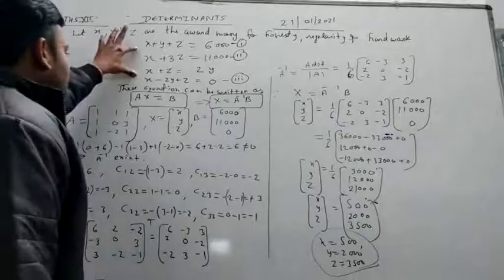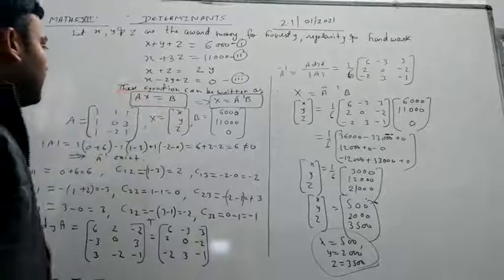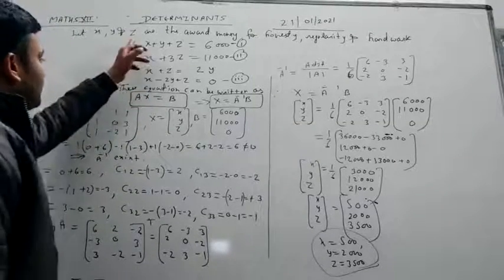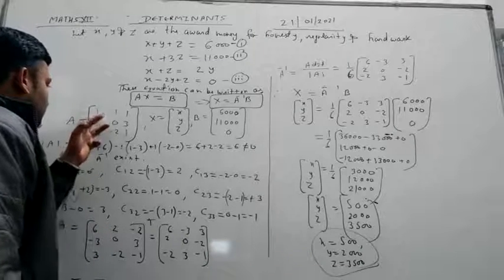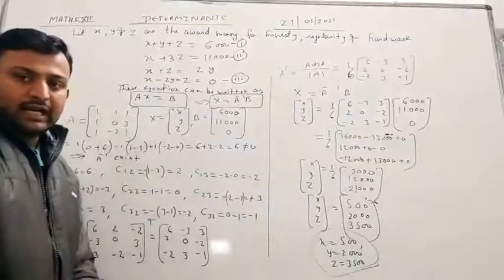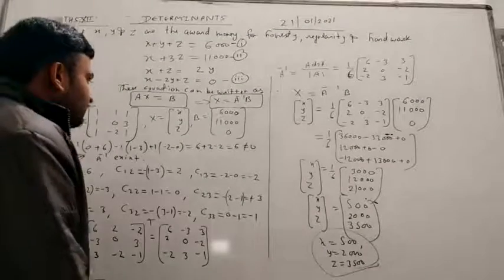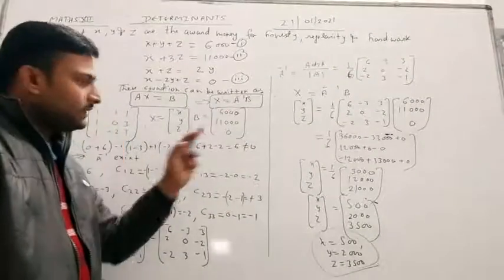Now these 3 equations we will write in this form, where A is the coefficient of X, Y, Z in the 3 equations, that is we write in the matrix [1 1 1; 1 0 3; 1 -2 1], and our variable matrix X will be equal to X, Y, Z, and B is 6,000, 11,000 and 0.